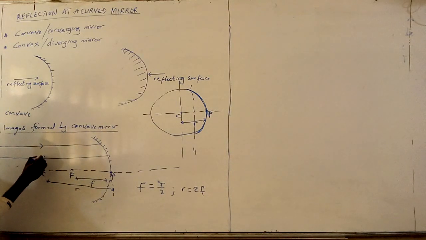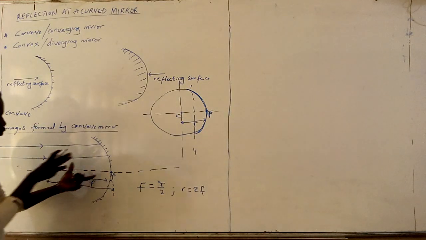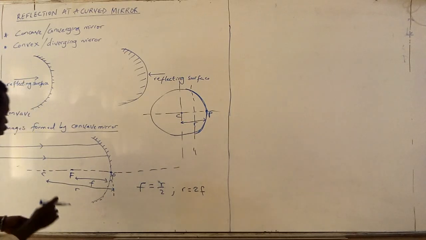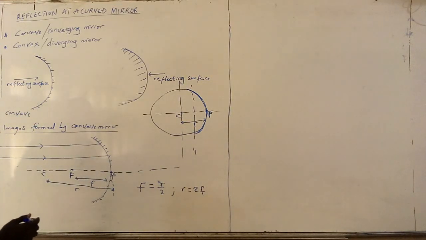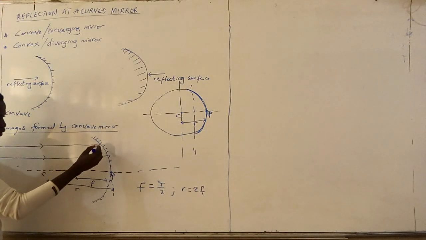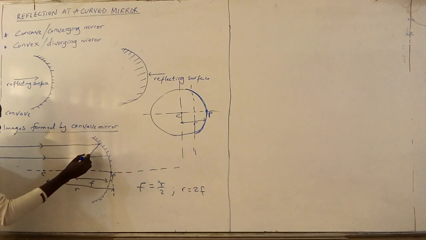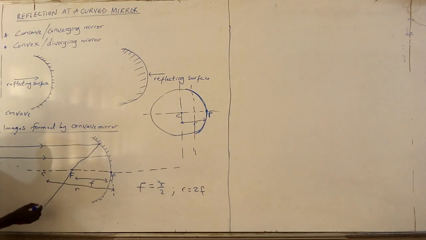If these rays fall on the reflecting surface of this mirror, when the ray hits the mirror, it is reflected, and it falls on the principal focus.